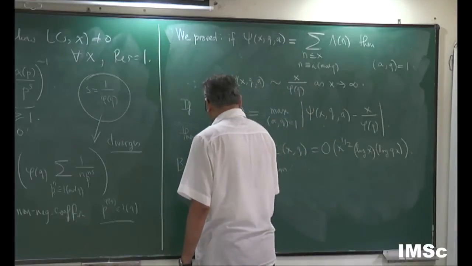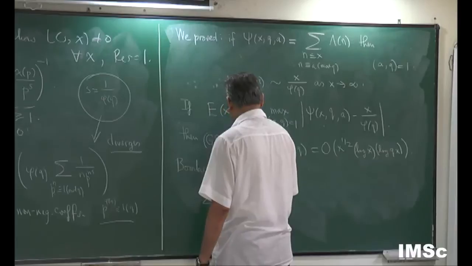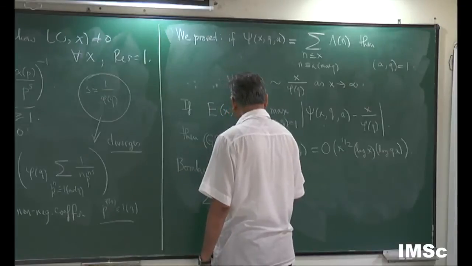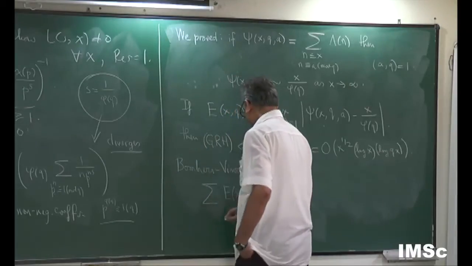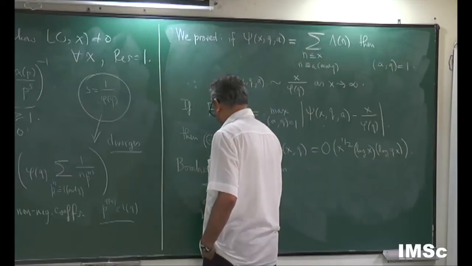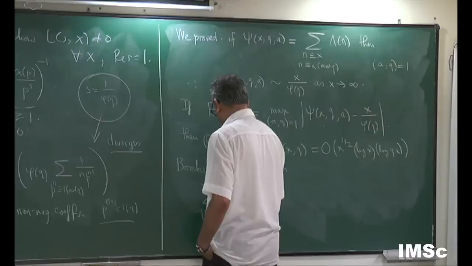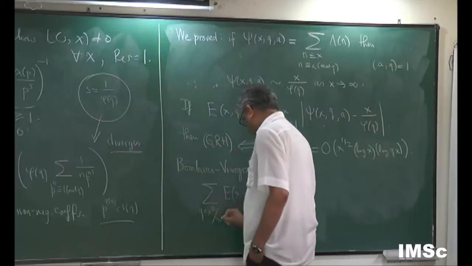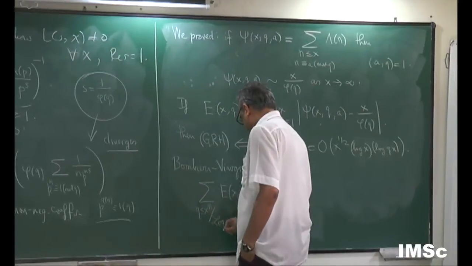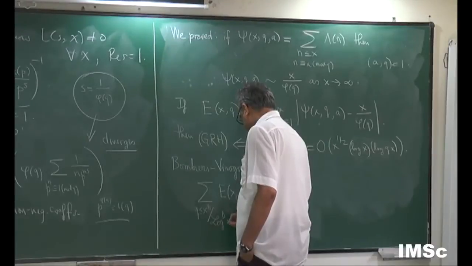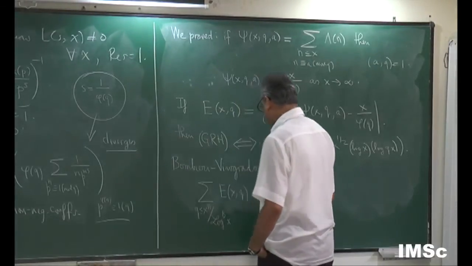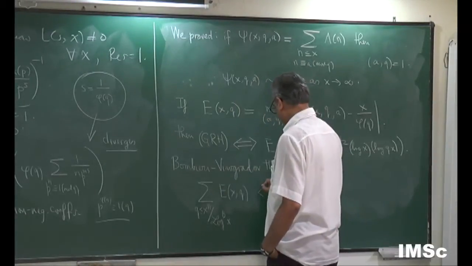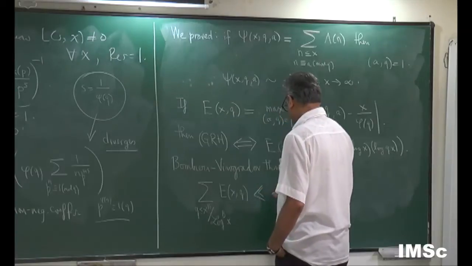Which tells you that if you take the E(x; q) and you add this up for q up to x to the half over some huge power of logarithm, then this is less than x over a power of log.